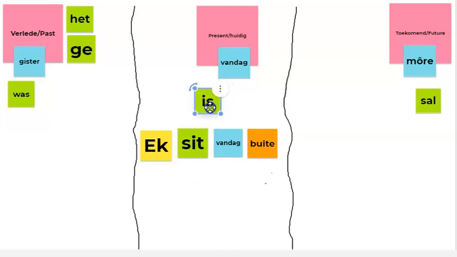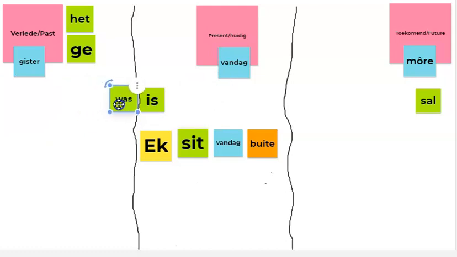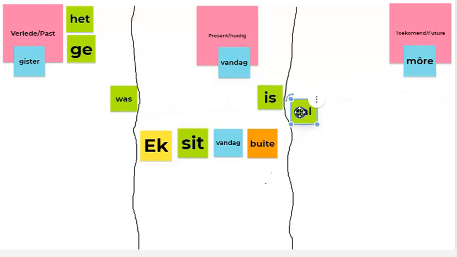So if you take is, it's almost like vandag, because once it touches there, is becomes was. So the past tense of is is was. And if I take is and throw it to the future, is becomes sal. If you remember that, you'll see that it will be very easy for you to do these sentences.